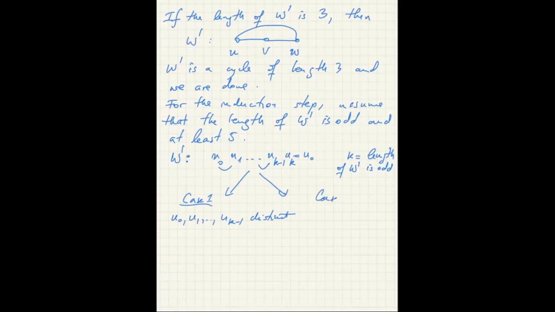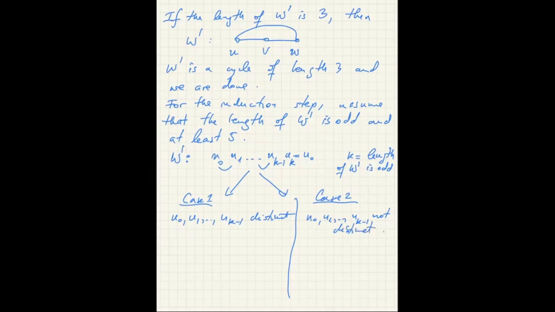And case 2 is when we are going to have some repeat in them: U0, U1, up to UK minus 1 are not distinct.